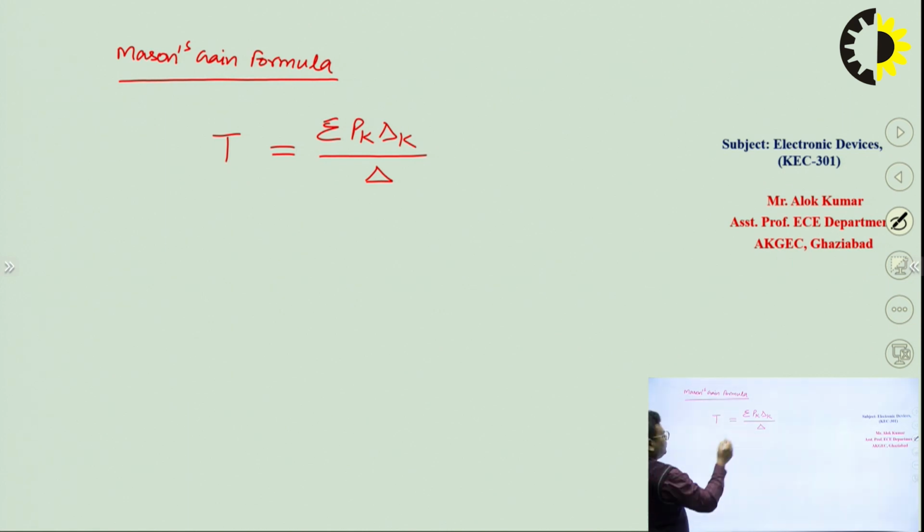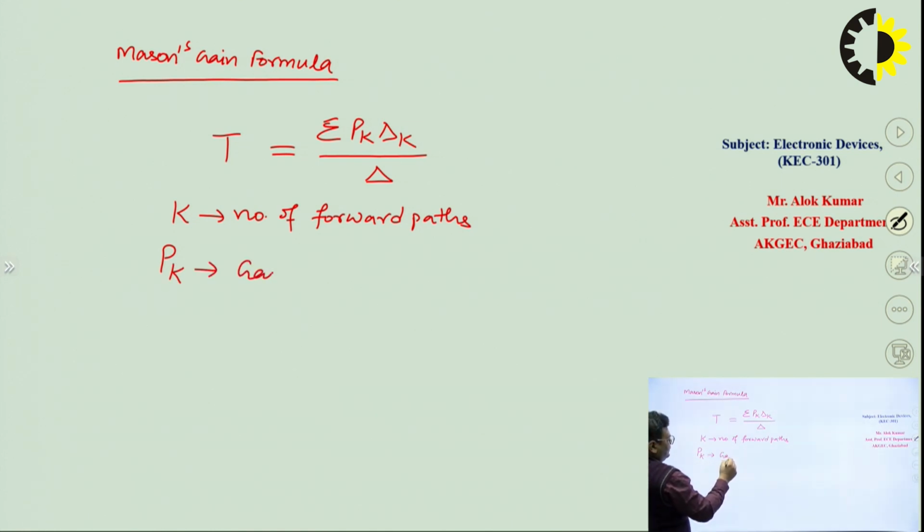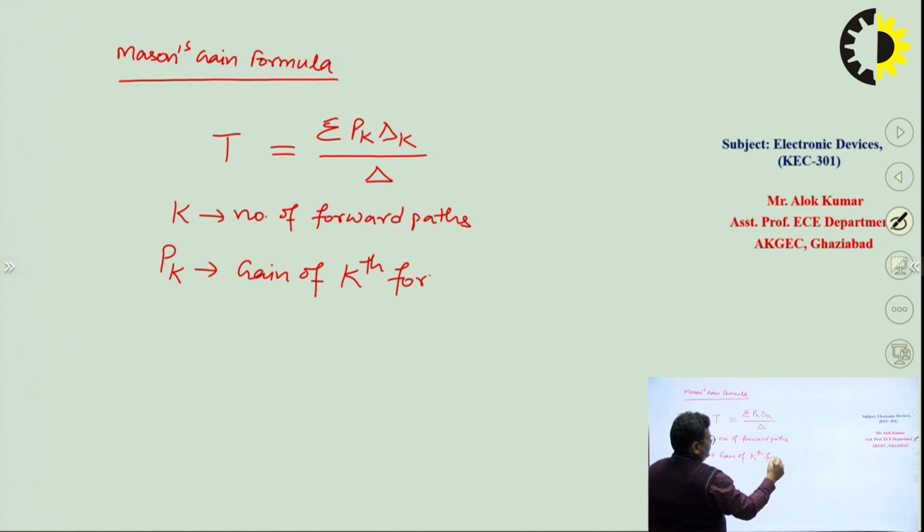In this formula, k represents the number of forward paths, and Pk represents the gain of the kth forward path.